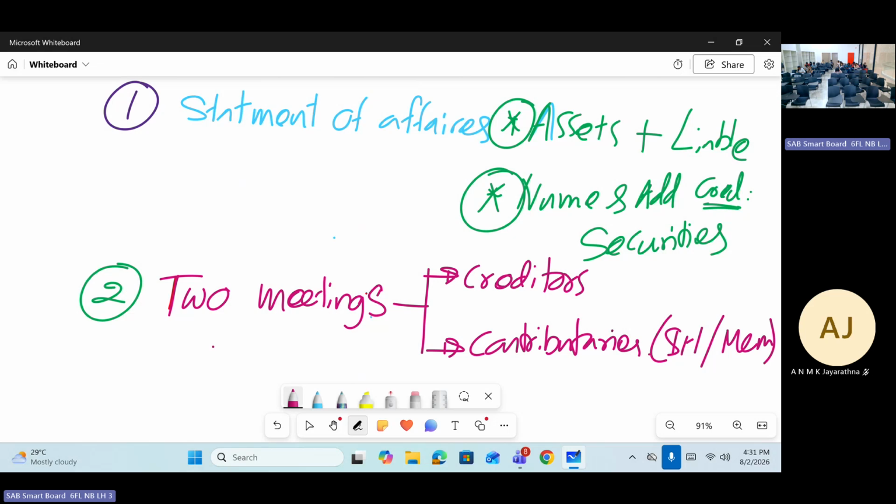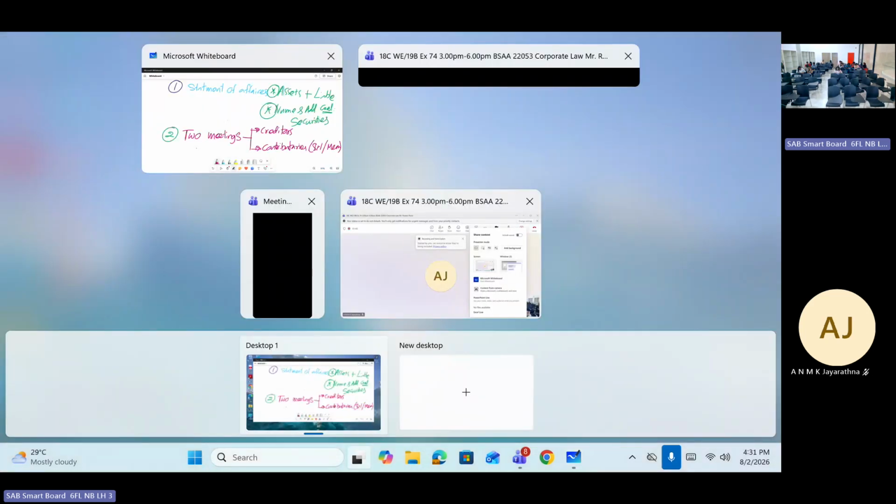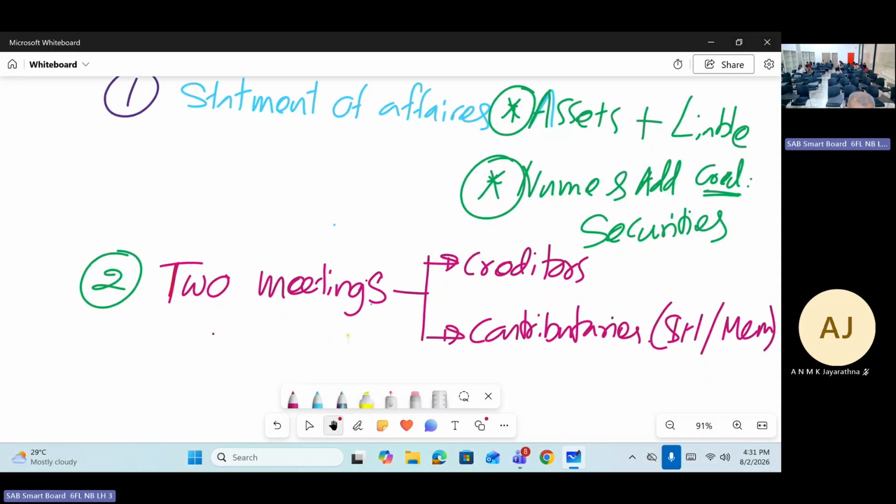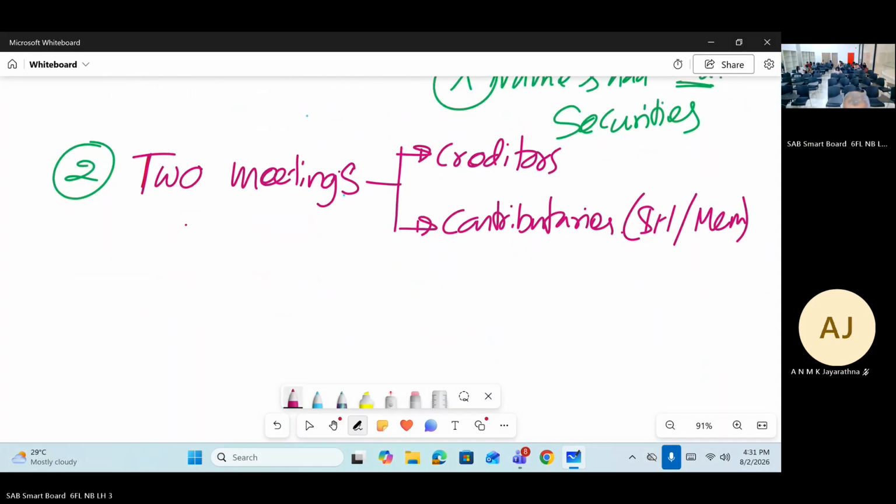And 2 separate meetings of creditors and contributors. Why are these 2 meetings called? In order to decide 2 things. Very simple. One is whom to be appointed as the liquidator.